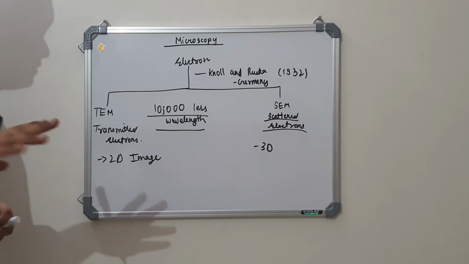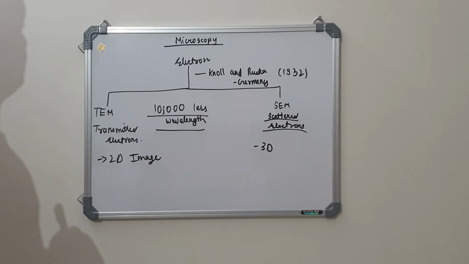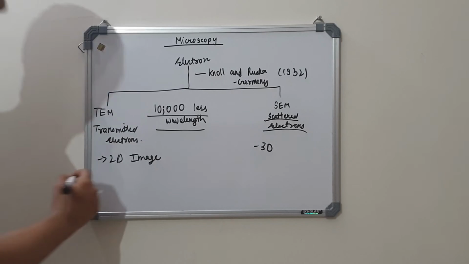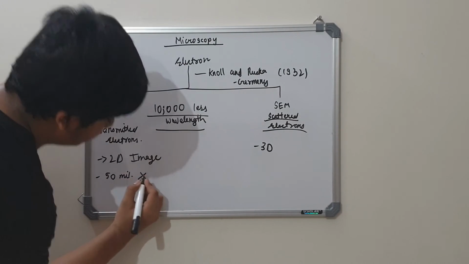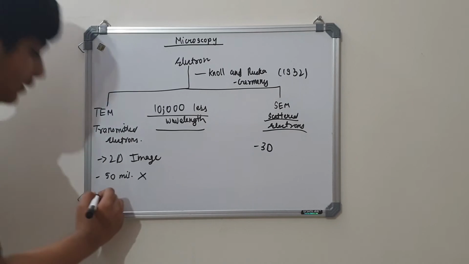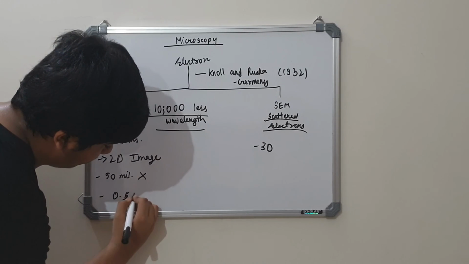The magnification power of TEM is much higher because it is used to see beyond the boundaries of the cell. It is 50 million times.